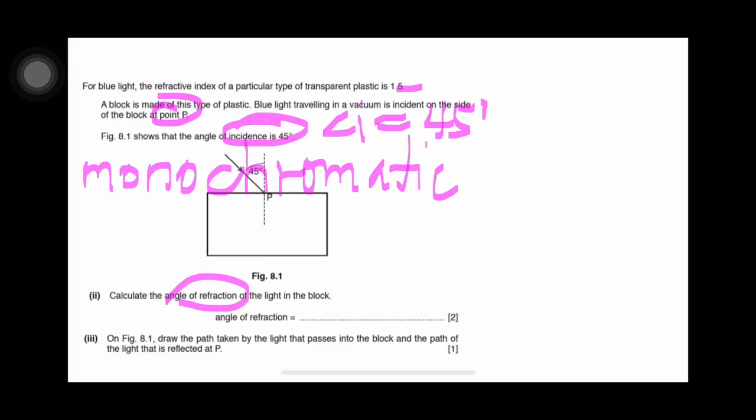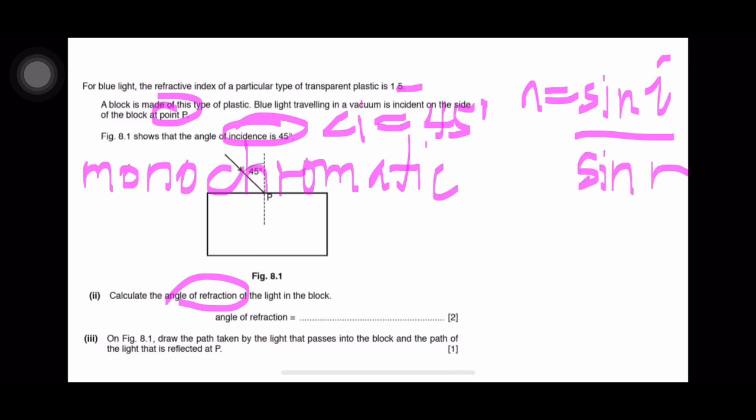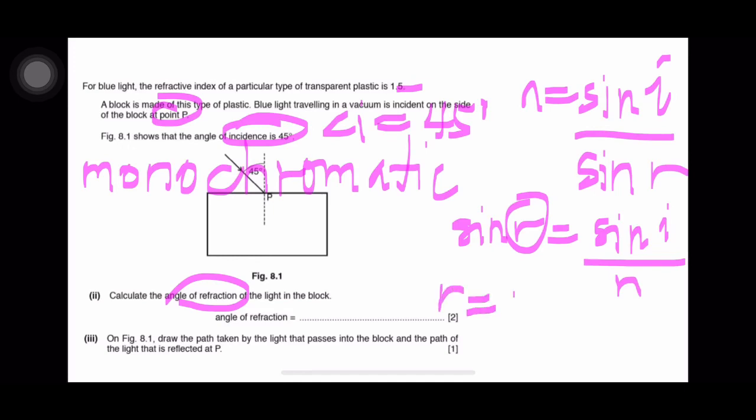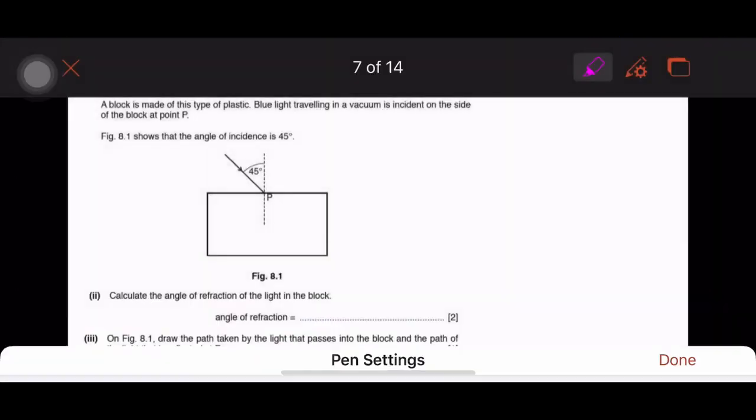So we are going to use the formula n is equal to sine I divided by sine R. But since we're going to solve for R only, rearranging, sine R is equal to sine I divided by n. Therefore, we're going to get the inverse sine of sine I divided by n. Okay, let me just clear that up.